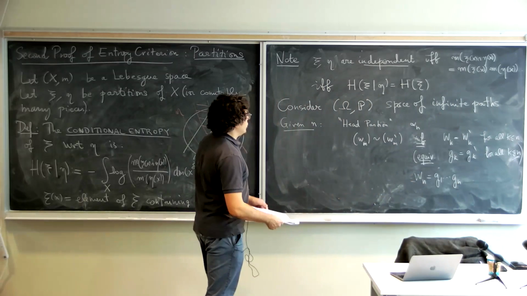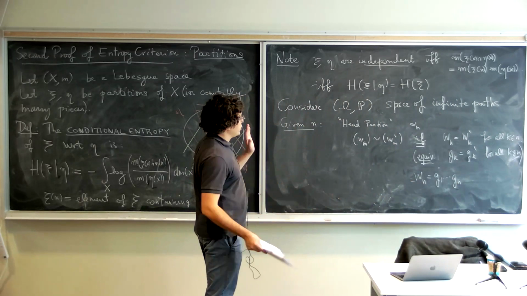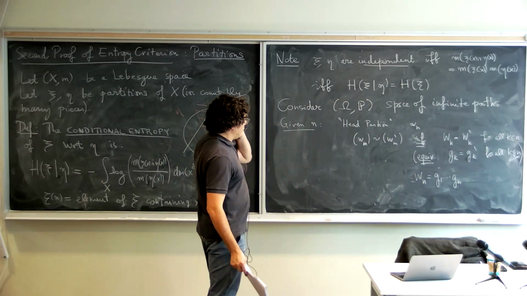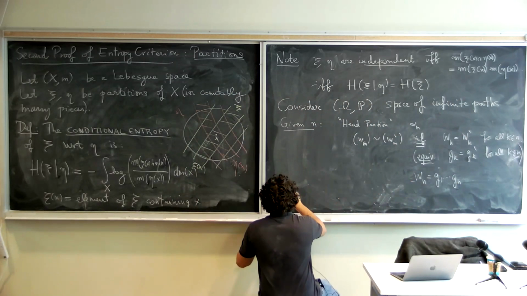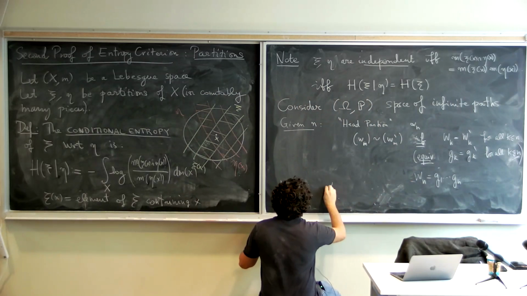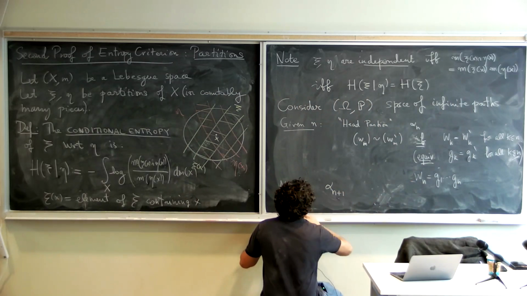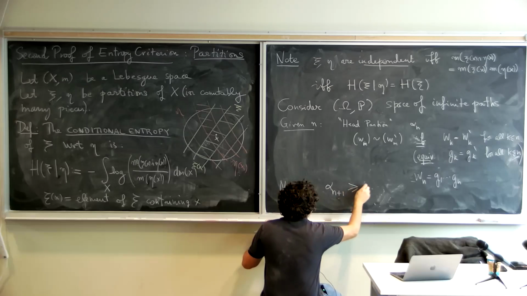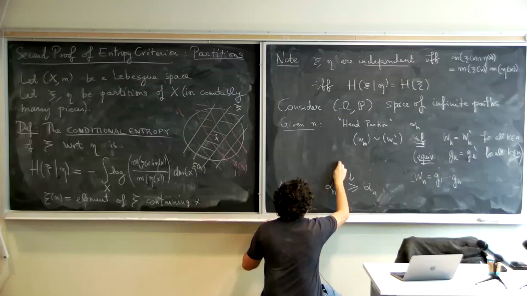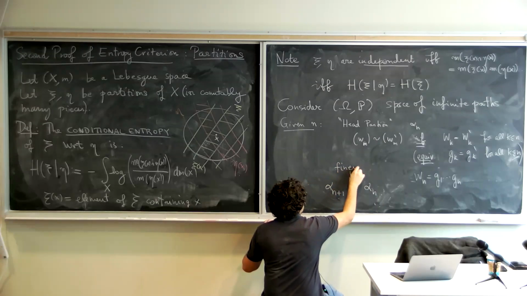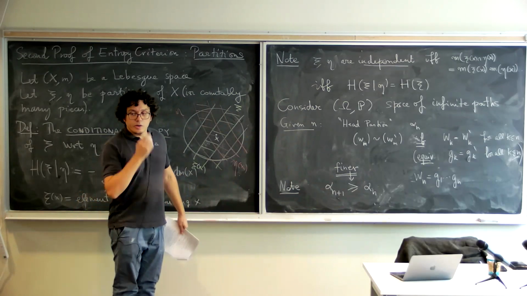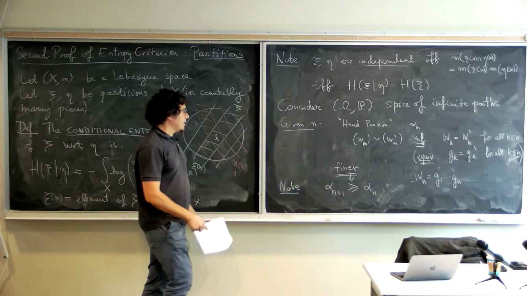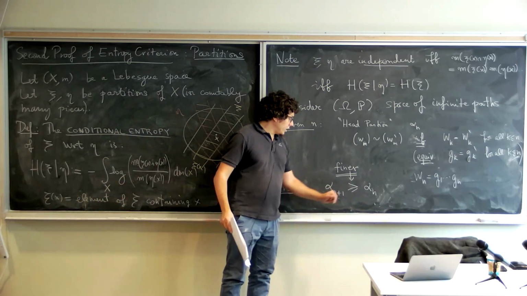Moreover, you notice that these partitions are finer and finer, right? So note that alpha n plus 1 is, we call it bigger than alpha n, meaning finer.